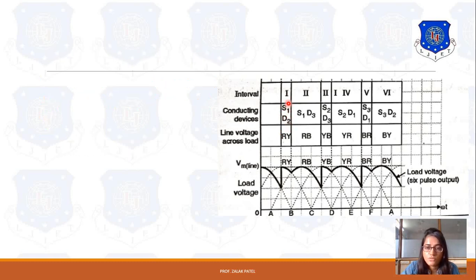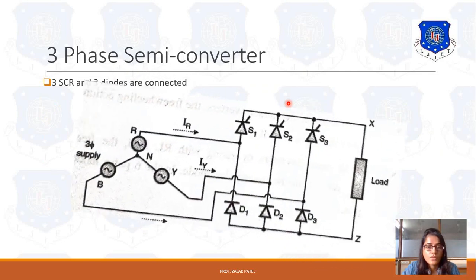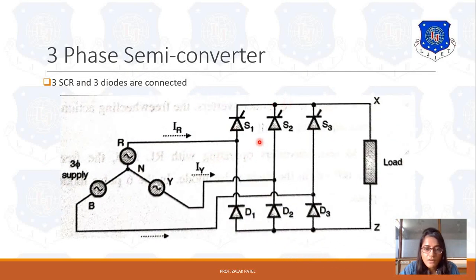If you note the circuit diagram, then in the first interval this S1 and D2 will start conducting. So in that interval first the SCR starts conducting, and after some time D2 will start conducting.